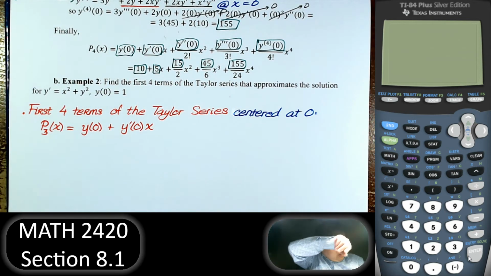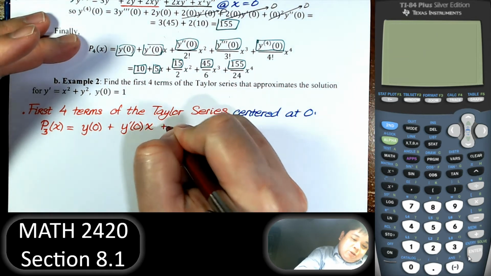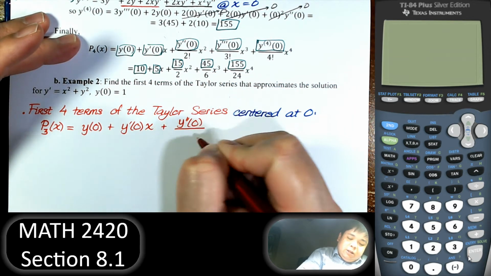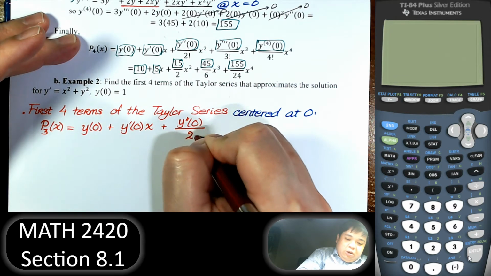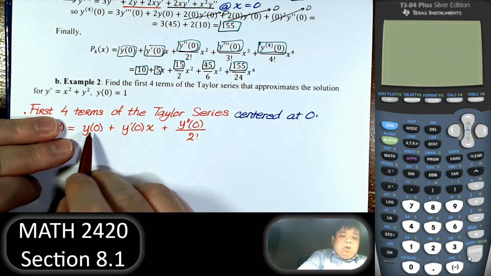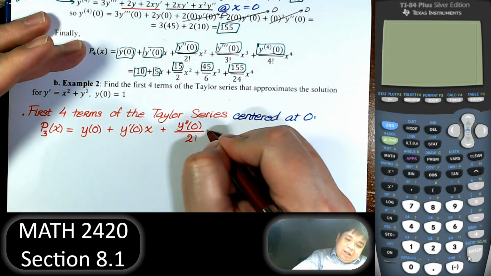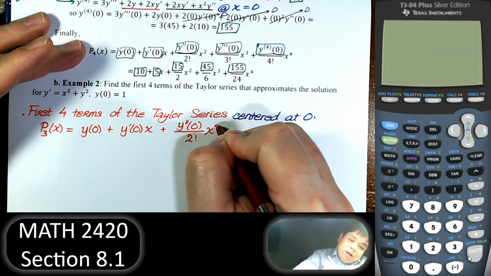So we have that. And then we have the second derivative divided by 2 factorial. This one is divided by 0 factorial, divided by 1 factorial. We don't need to write it. And then we have x squared.